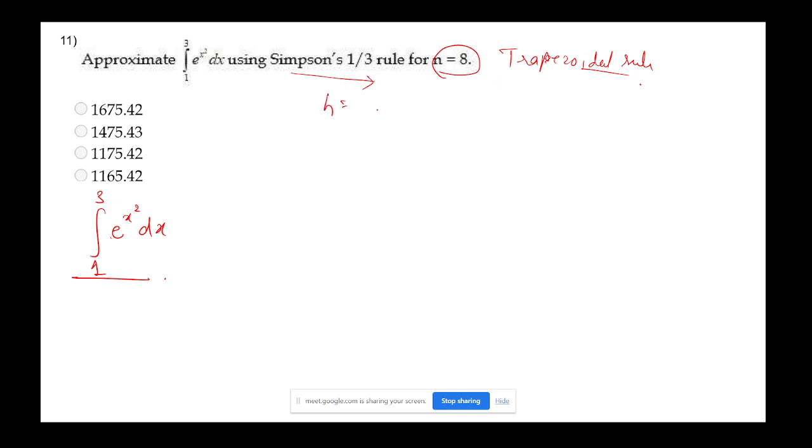Let's first find out h. h is nothing but 3 minus 1 upon 8. Okay, so it will be 2 by 8.